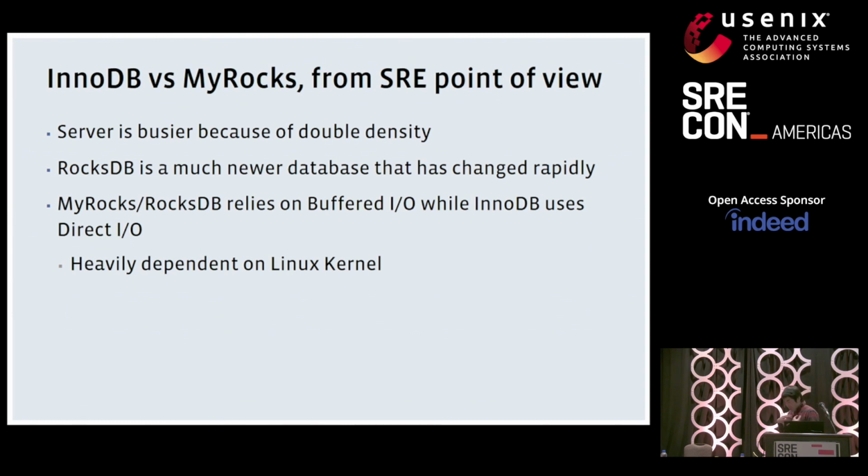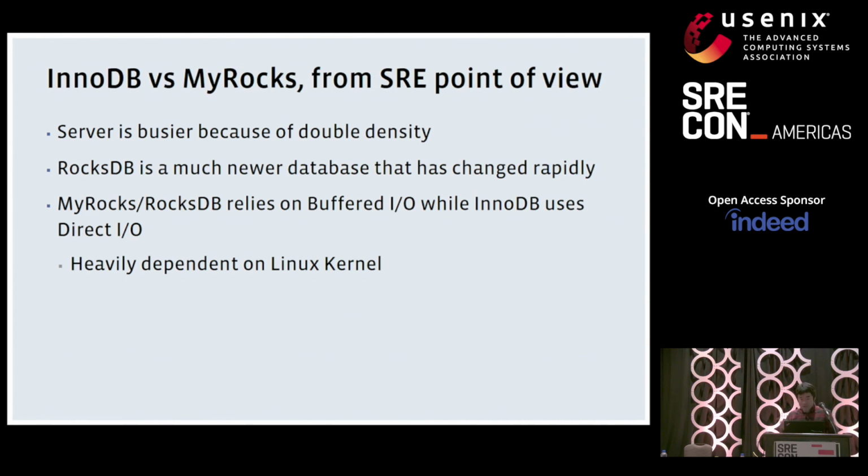Most important at Facebook, MyRocks was using 50% of the space compared to InnoDB, which means the servers are busier because densities get doubled. A busier server means more performance problems may happen, so we should be prepared for several performance issues.